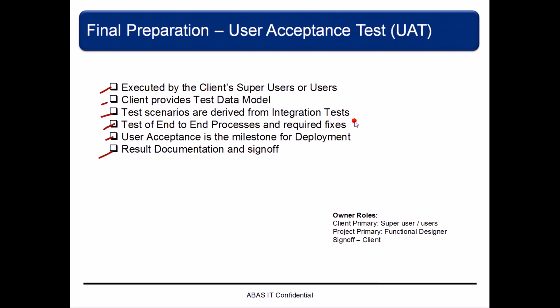If something is not working in the testing, then we have to fix the code, test it within the team, and then give it to the user for retest. The owner roles: the client is the primary owner, which is the super users and users. From the project, it is the functional designer or the architect, and the client will provide the sign off.